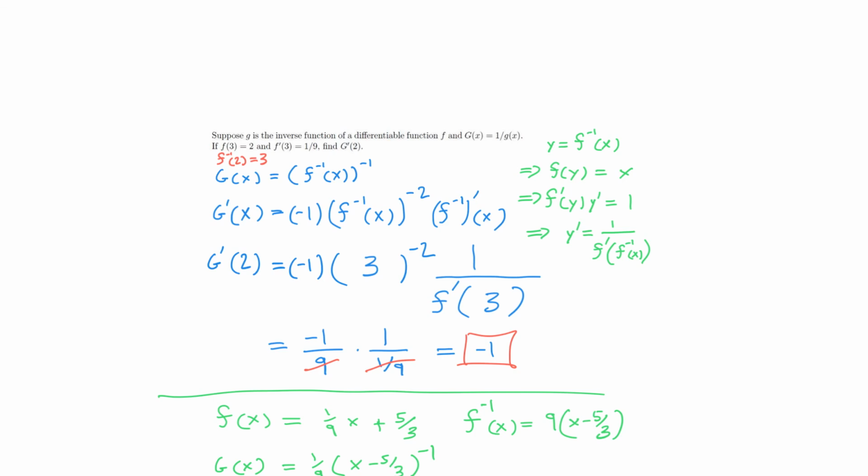So I'm going to add that comment in just a note off to the side here. I'm going to say that, note, since we are given in the problem that f is differentiable, we are told that, we can conclude from that that f inverse is differentiable on its domain.